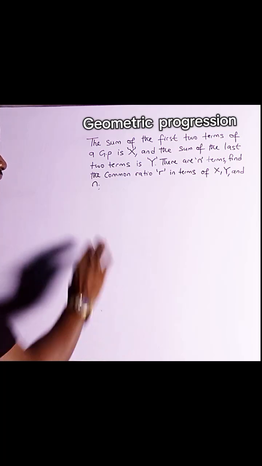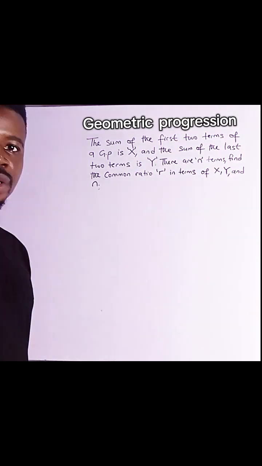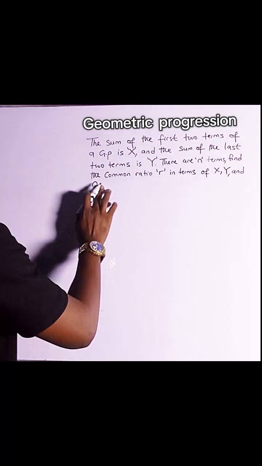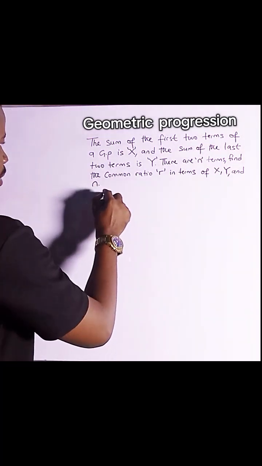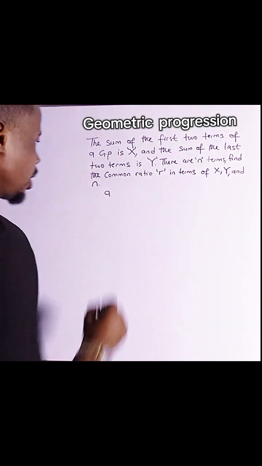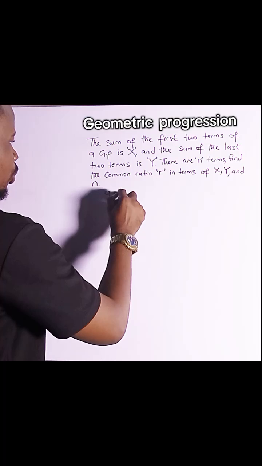The first thing is to write out the series of a GP. Now, for a series of a GP, the first term is a, plus the second term is what?